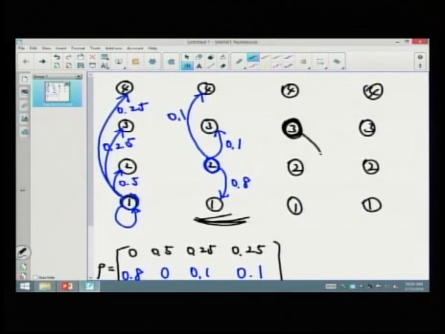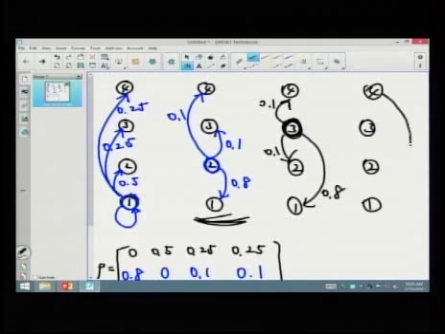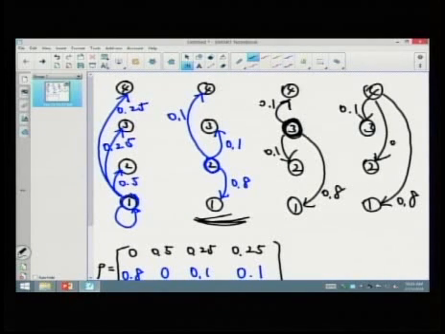So 3 to 1 is going to be 80%, right? 3 to 2 is just 10%. 3 to 4 is 10%, right? Of course, 4 to 1 is again 80%, right? 4 to 3 is just 10%. 4 to 2 is 10%, right?